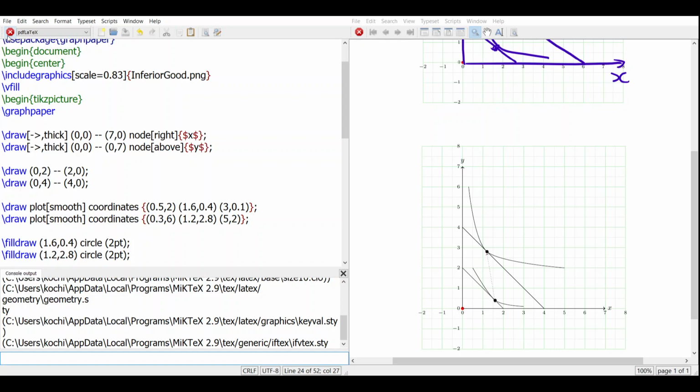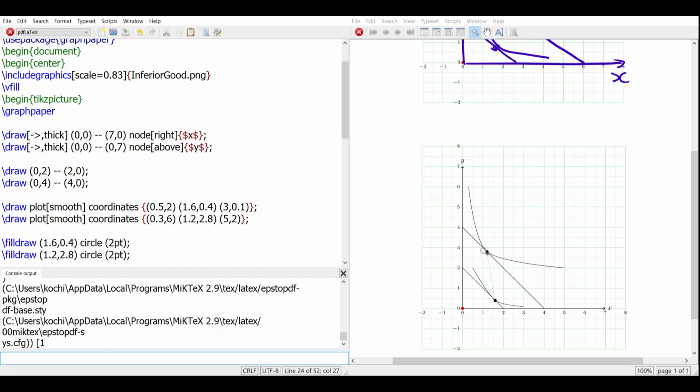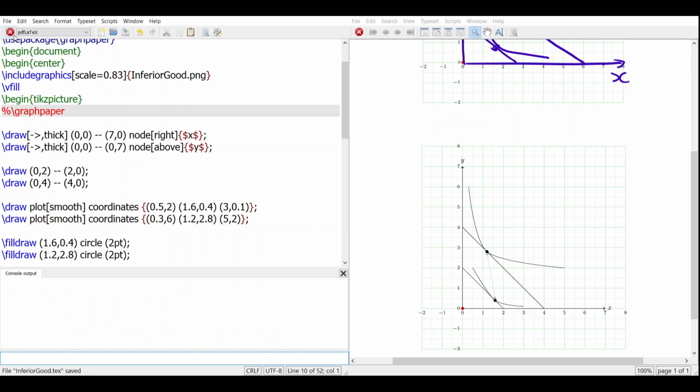So you can see when the income doubles, the consumption of X actually reduces, Y is increased, so that's why X is an inferior good here and Y is a normal good here. So if you finally remove the graph paper, let's see the result.